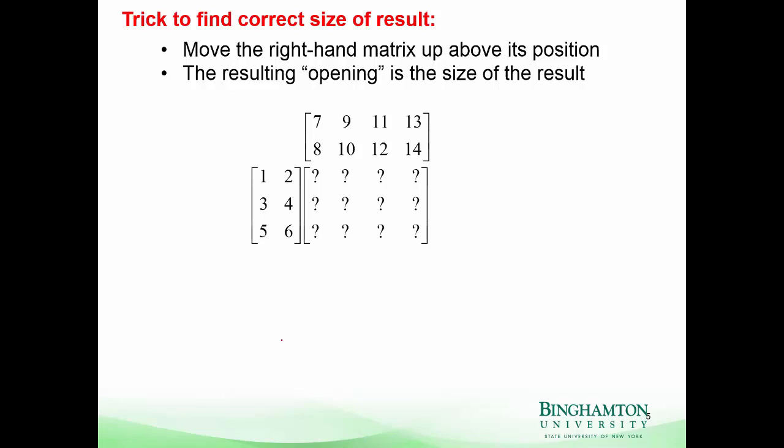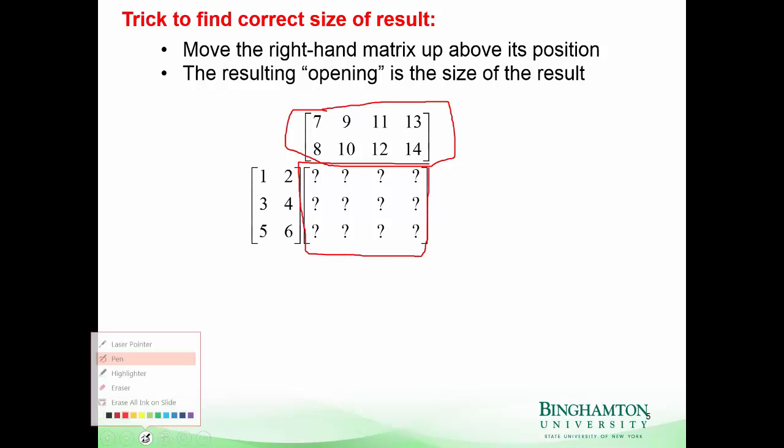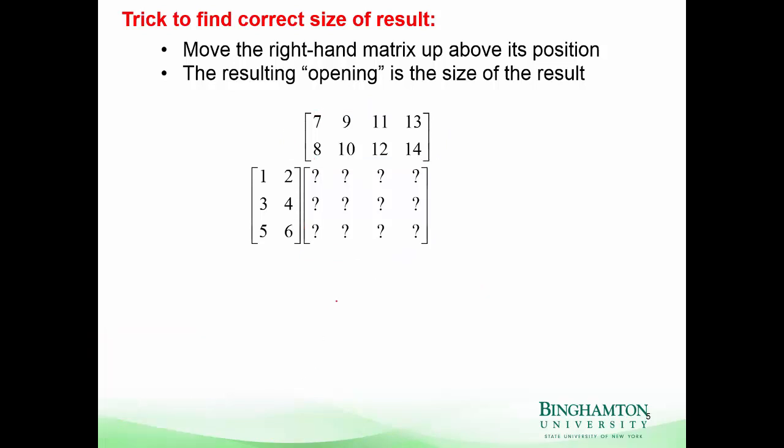So there's a trick to find the correct size of the result. Well, I already told you one trick was to just look at the outsides, but this is more of a visual trick. So if these are the two matrices that we want to multiply, we just take the one on the right and move it up so that we're opening up a little opening here, and the size of that opening will be set by the dimensions of each of the matrices.